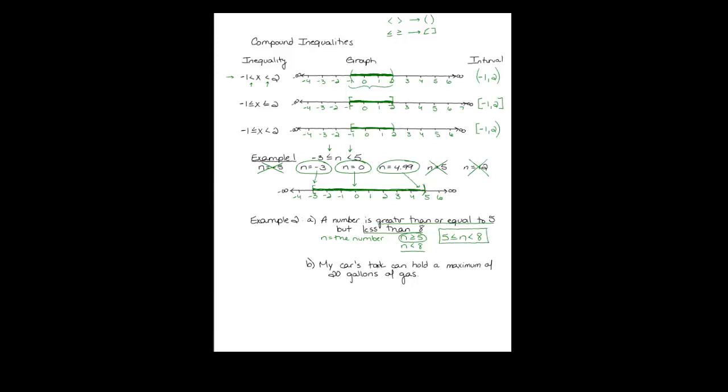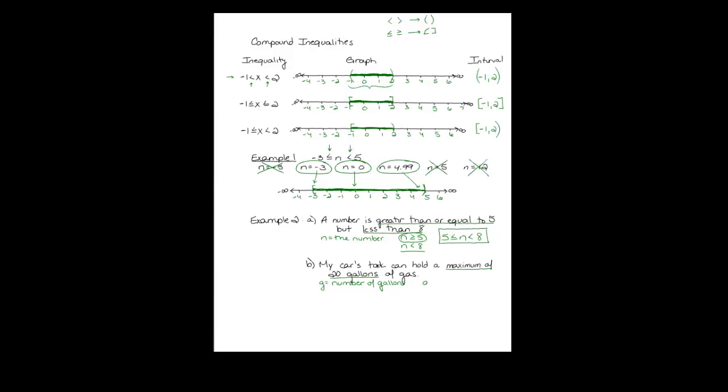Now for part B, this is an application problem. My car's tank can hold a maximum of 20 gallons of gas. So I'm going to let G be the number of gallons of gas. And according to this problem, my car's tank can hold a maximum of 20 gallons.